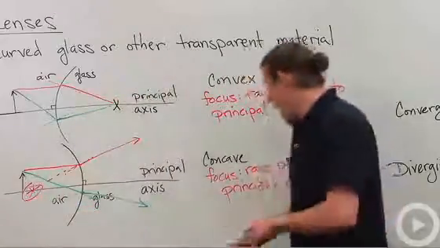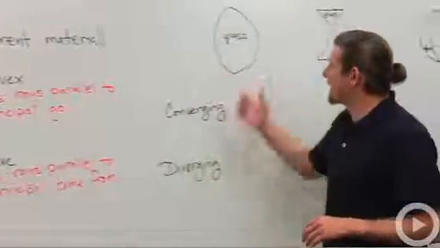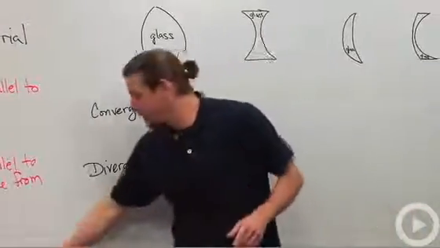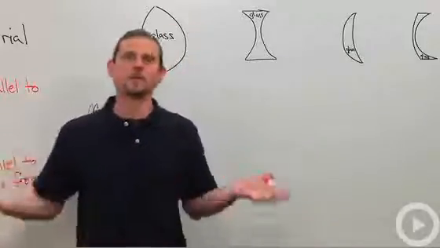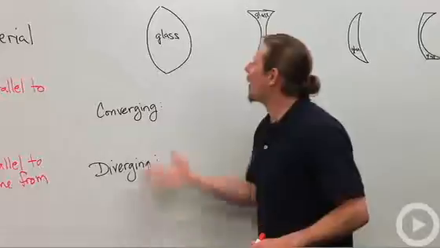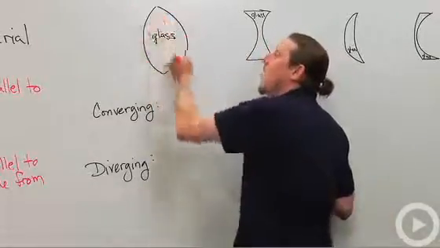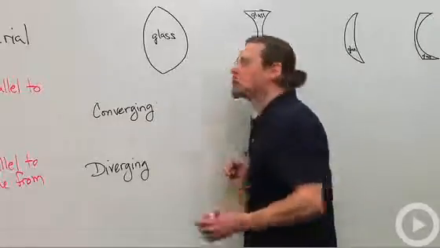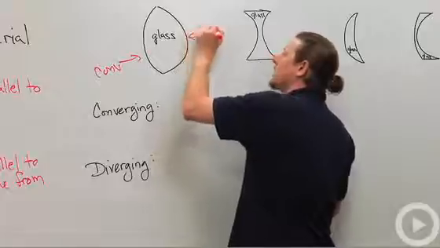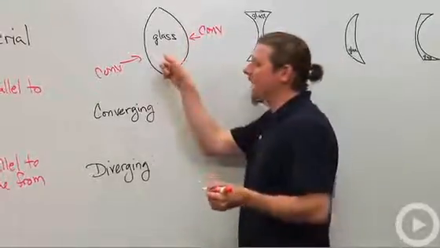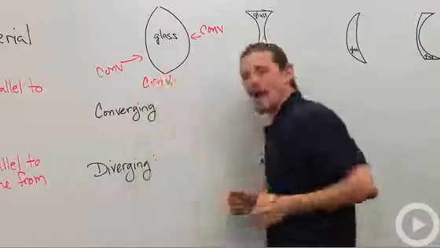All right, now let's say that we've got some real lenses, and that means they've got to have two sides to them, right? You're not just going to have a lens which consists of a piece of glass that goes on forever. So let's say that I've got glass like this. Well, the glass is convex on both sides. So that means that this side is converging, this side is converging, and therefore this glass will be a converging lens.